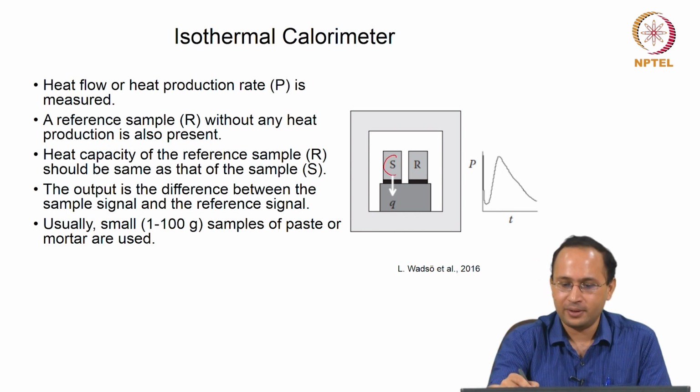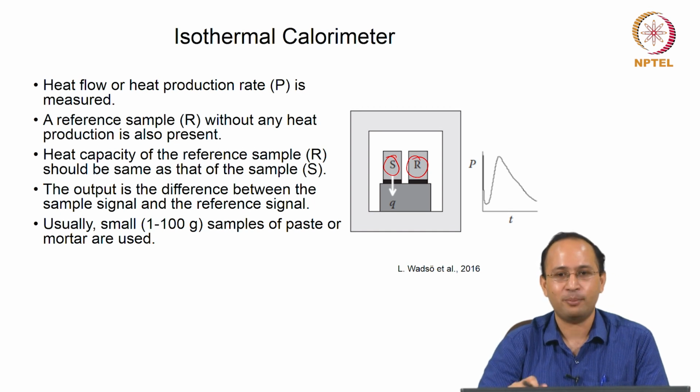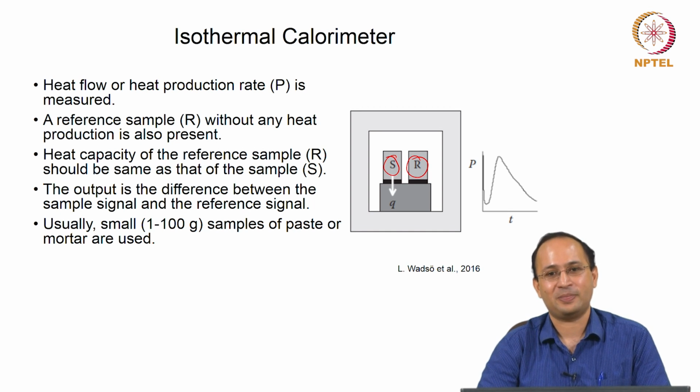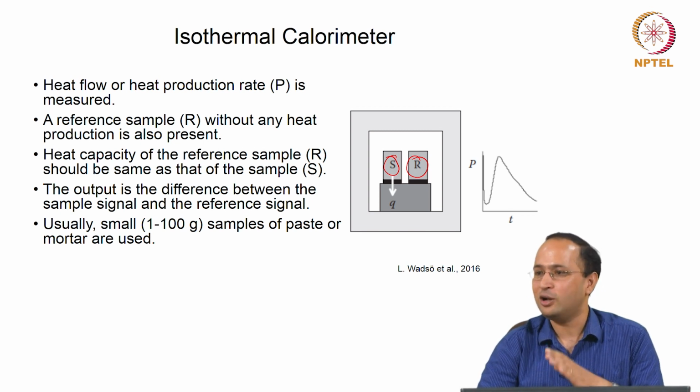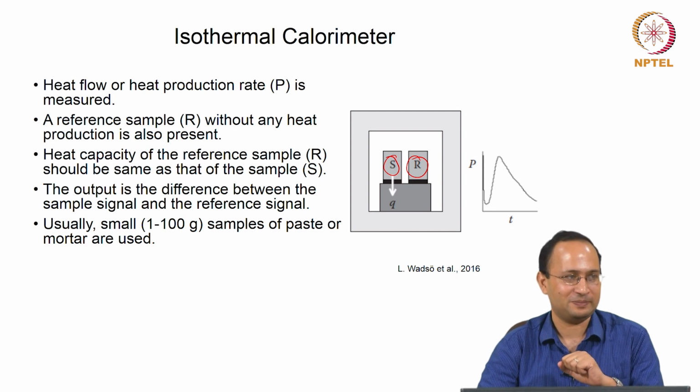So you have your sample, and you have a reference sample. We will come back to it. So a reference sample without any heat production is also present. We will pick a sample which does not release any heat, and we are measuring the difference basically, right. So the output is the difference between the sample signal and the reference signal. This is all done to reduce the noise.